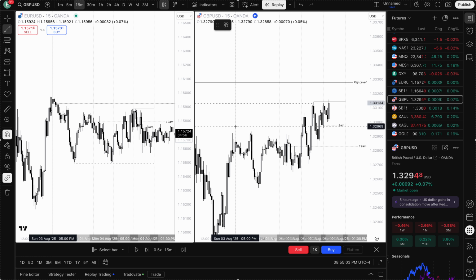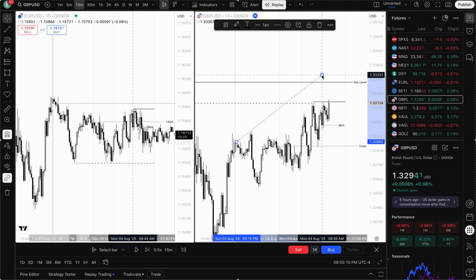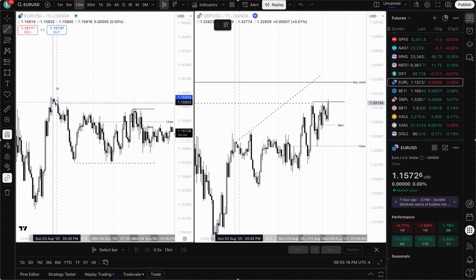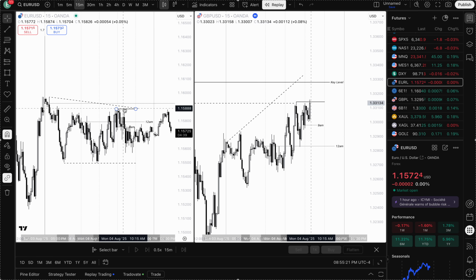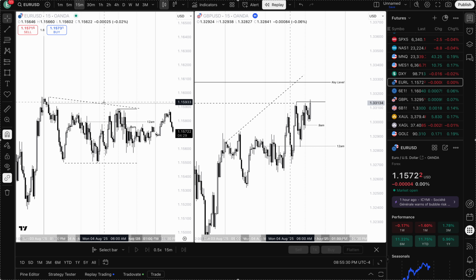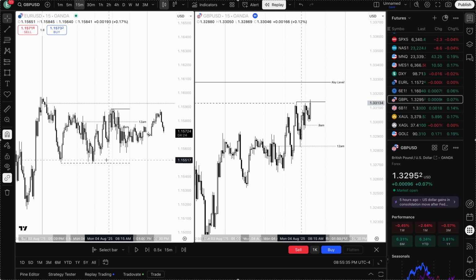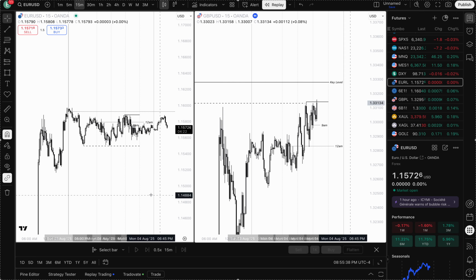It's 5 p.m. This is Sunday, Monday, whatever. We are forming an SMT with euro dollar, right? So this is failing to take this high, and this one is pushing up higher into this bearish FVG. This is the pound, this is the euro. Same time, euro had these equal lows right here, which looked like pretty easy targets.